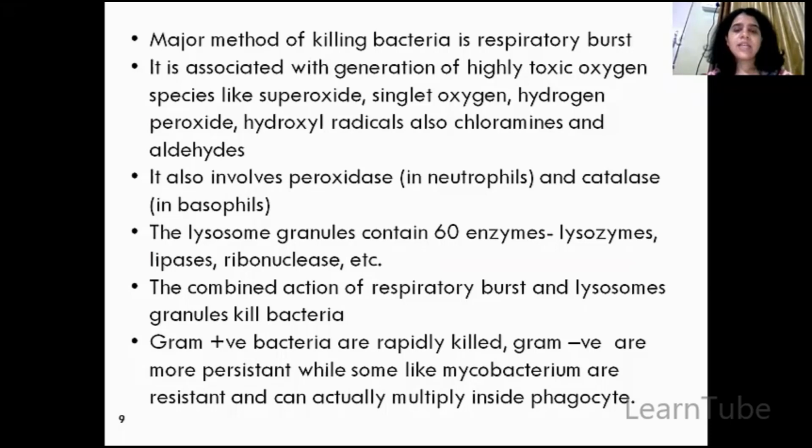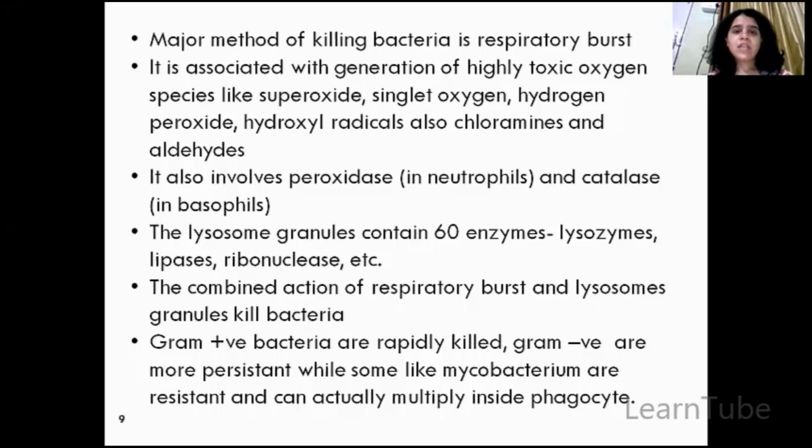Now, the killing process of the bacteria is usually divided into two parts. One is the oxygen-dependent, also called the respiratory burst, where different kinds of oxygen species radicals are formed, like superoxide radicals, singlet oxygen, hydrogen peroxide, and hydroxyl radicals. These radicals cause oxidation of that particular bacteria and result in the death of the microbe.